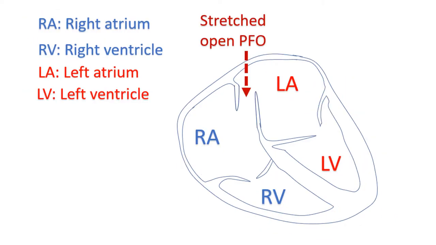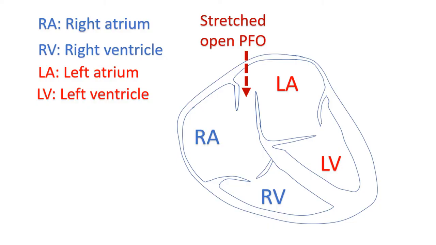Another situation is a stretched open PFO. When the pressure in the right or left atrium rises significantly due to another disease, the atrium enlarges and stretches the wall between the two atria along with it. When the PFO is stretched, blood can flow either way depending on which side has the higher pressure.